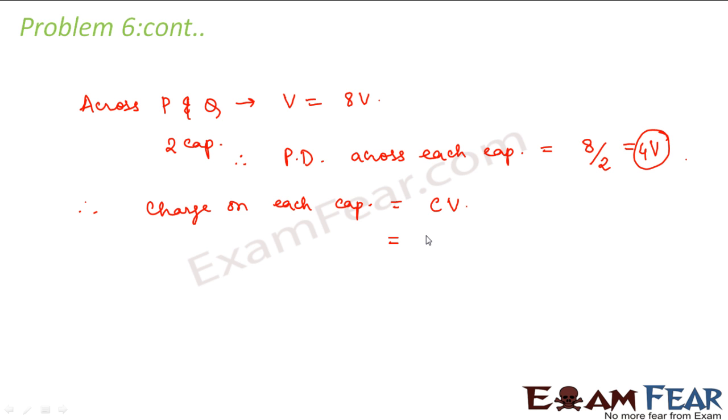The capacitance is 3 microfarads. So that is 3 into 10 to the power minus 6 into 4 volts, that is 12 into 10 to the power minus 6 coulombs. So this is 12 microcoulombs, the charge on each capacitor.